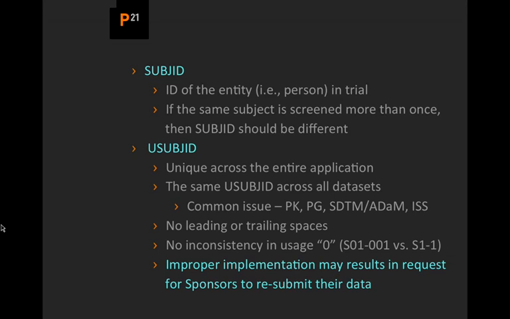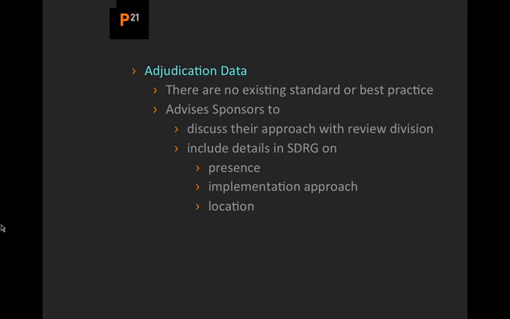Don't expect to have any leading or trailing spaces in the value of unique subject ID because all those space characters are considered as a part of the value. There should be no inconsistency in usage of zeros, and you can see an example here.